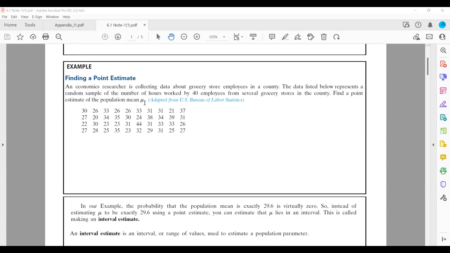Okay, everybody. So you're a statistician. You are the researcher here. You collected the data, and these are the numbers that you want to use to estimate population mean. Okay, let's take a look at the board.